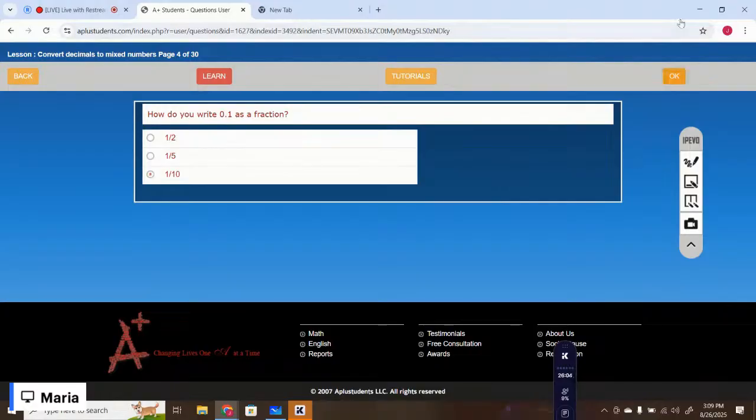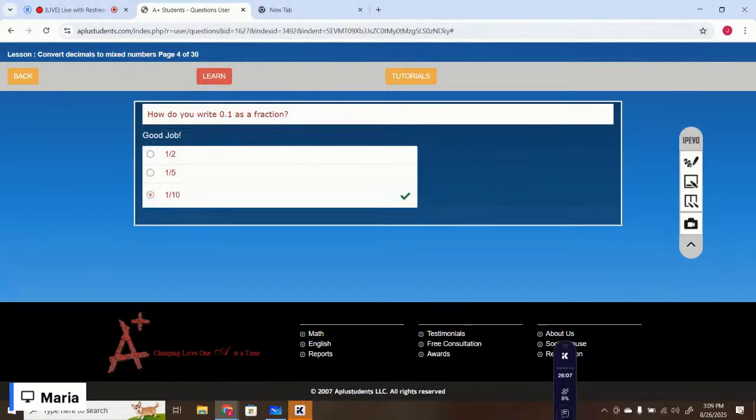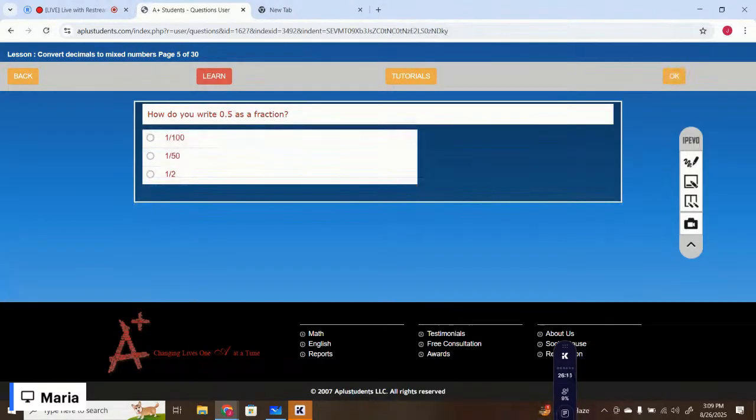Option number 3 is the correct option. How do you write 0.5 as a fraction?